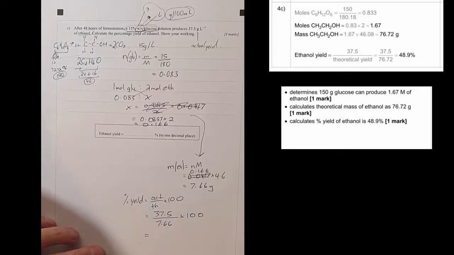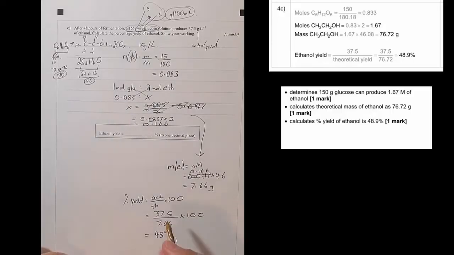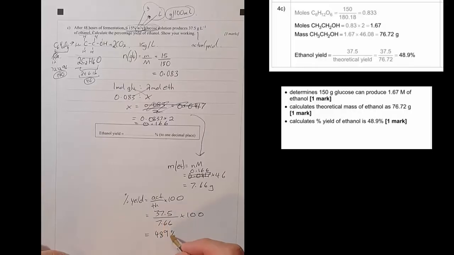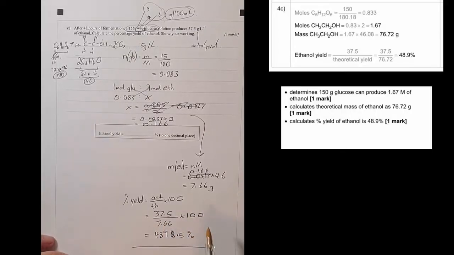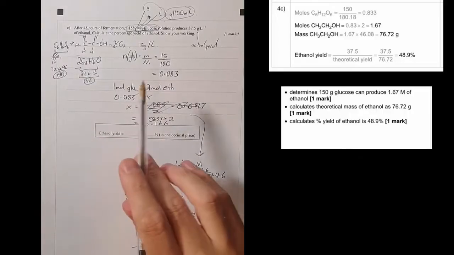So 37.5 divided by 7.66 equals 489.5%. Now that doesn't make any sense. All right, so this is where you need to go to God mode.